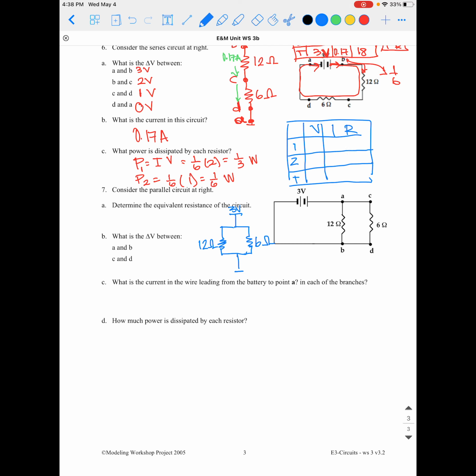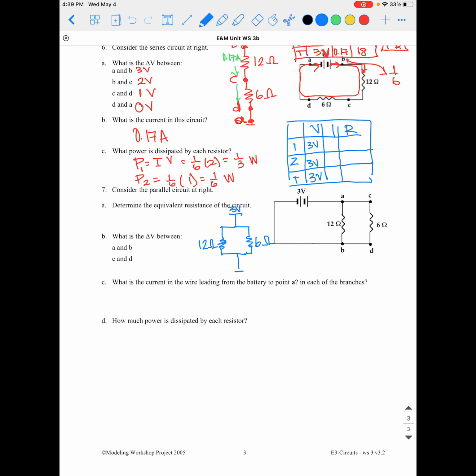Now, the thing about parallel circuits is the voltage drop here is going to be 3 volts, because when they're in parallel, the voltage drop is from top to bottom, which is a full 3 volts. So I'm going to write 3 volts for my voltage drop, and obviously that's my total voltage as well.